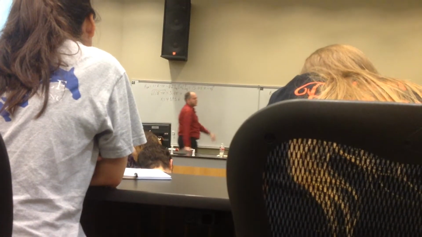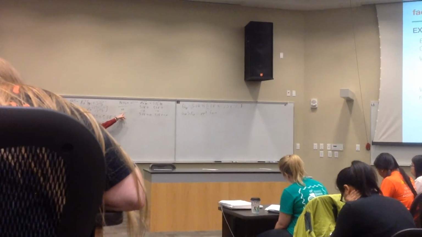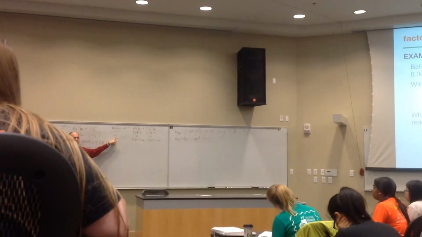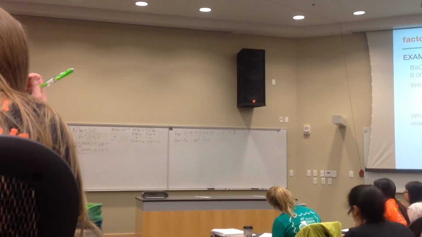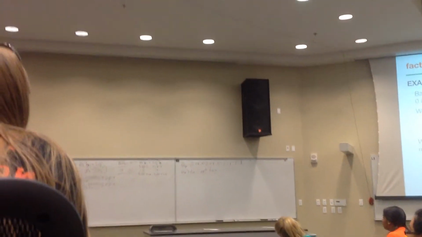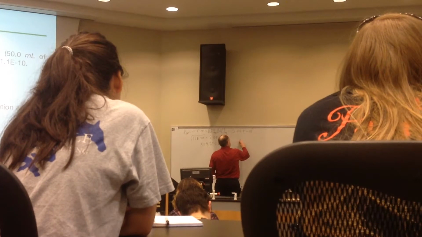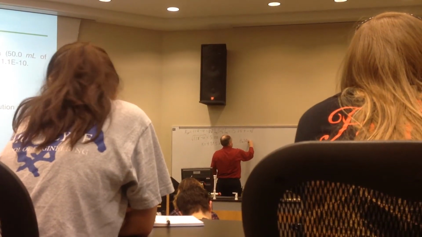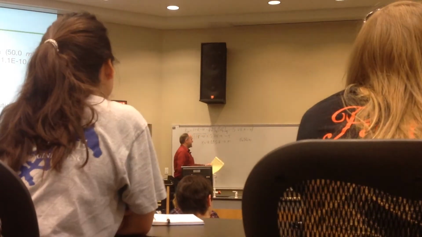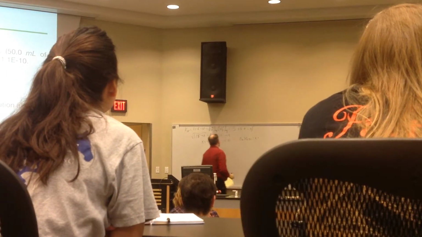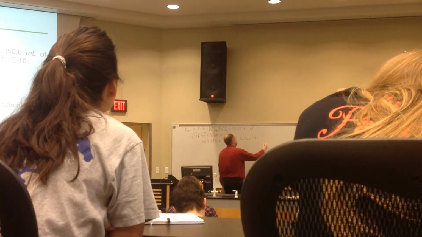X is really how much barium sulfate is formed. Okay, so I could ask you how much solid is formed. Well, in this case, it's going to be X. I can tell you how many moles of barium sulfate are formed, because I know the total volume of my solution. All right, so the amount of barium sulfate that's formed is equal to X, is equal to 4.895 times 10 to the minus 4 molar.